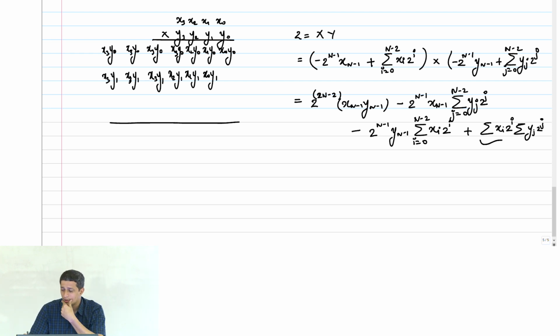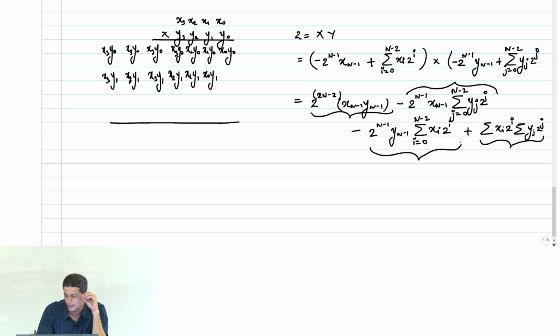Now this is basically my usual unsigned multiplication, and therefore I can go ahead and just do it normally. This also is a positive number, therefore no problem. The only places I have to worry about are this negative term and this negative term.